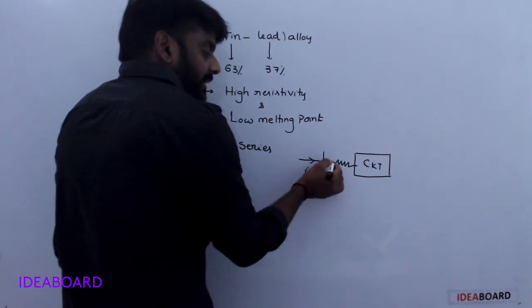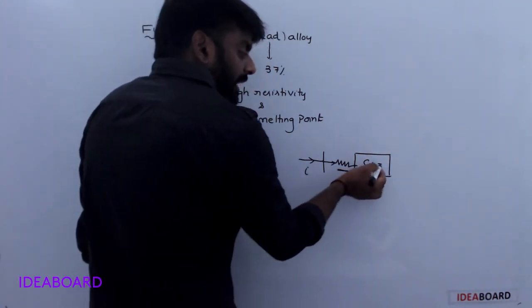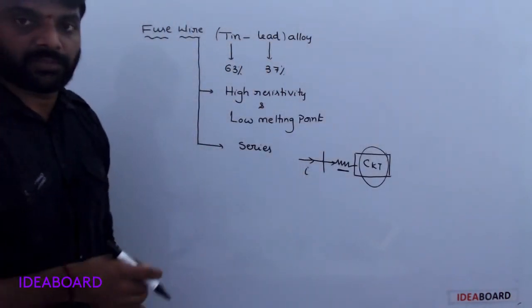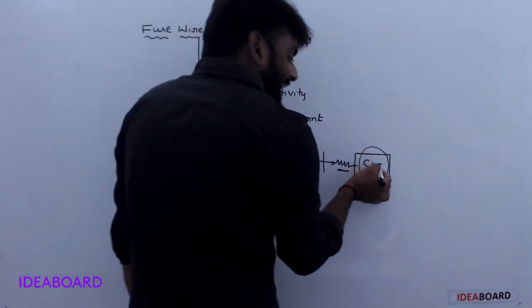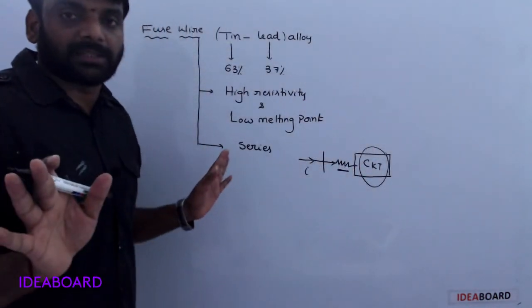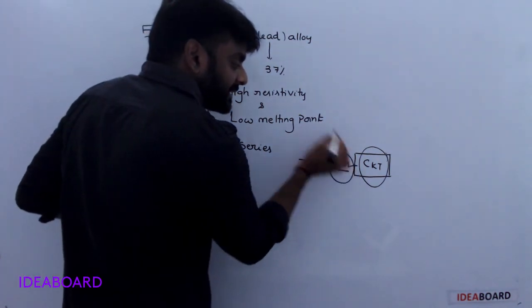Here current is supplied, current passing through this one. For low currents, this circuit is not damaged. If in case high current is passing through this one, automatically this circuit is damaged. To avoid that, here fuse wire is connected in series.